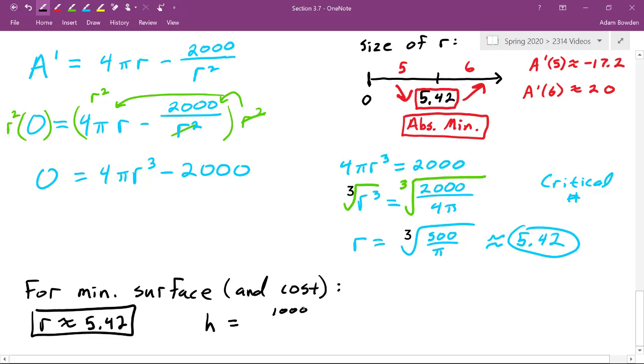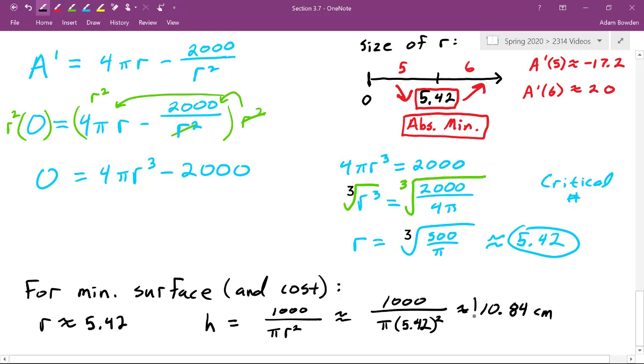It was 1000 over pi r squared, so that would be approximately 1000 over pi times 5.42 squared. It's approximately 10.84. Now I should put units. Those will both be measured in centimeters.